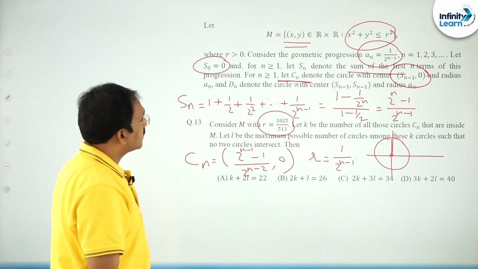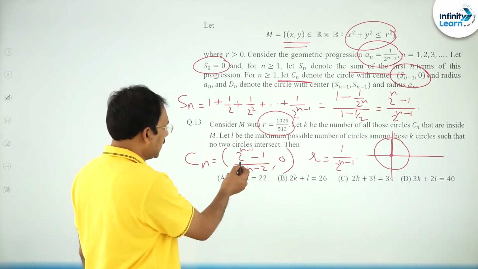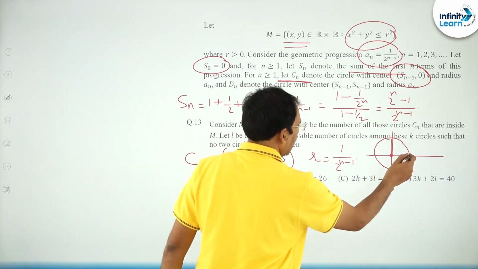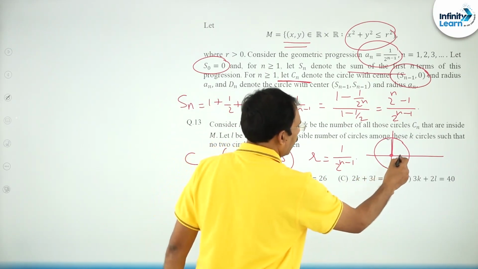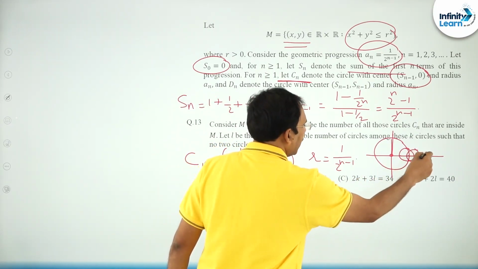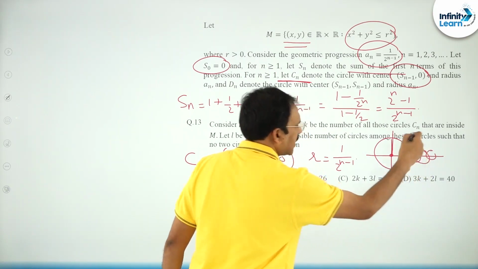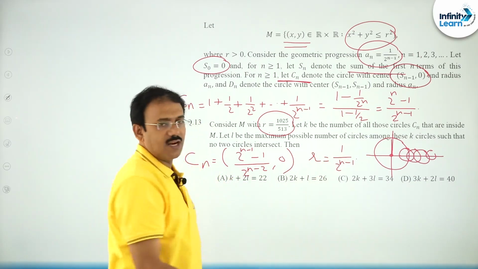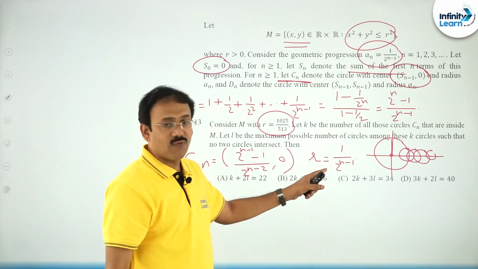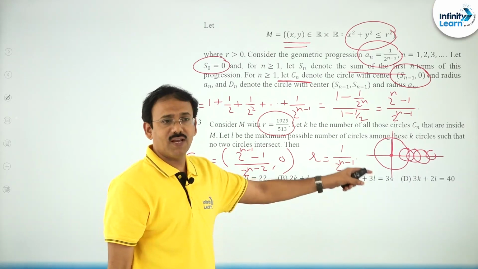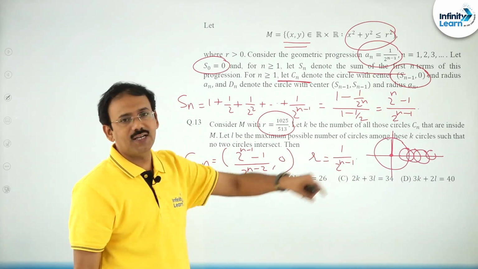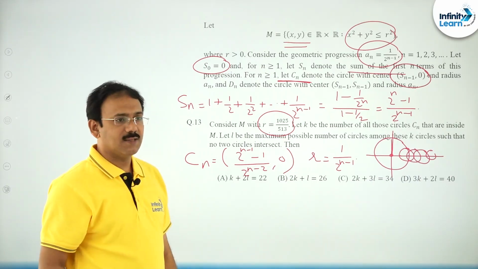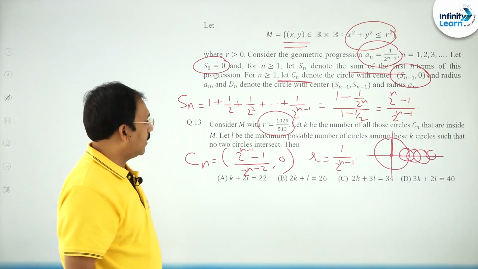In the same way, the second one is a circle with center obtained by putting n equal to 2, somewhere here, and the radius will be 1 by 2. Like this you will be getting the circles. The centers will be located on the x axis and the radius will keep changing. If the first circle's radius is 1, then 1 by 2, 1 by 4, 1 by 8, it gradually diminishes.